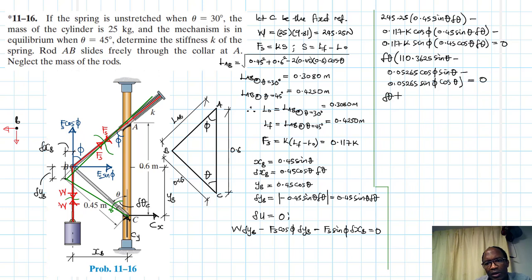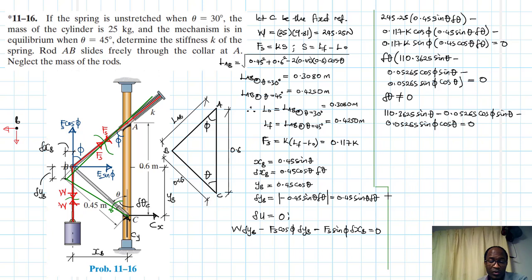So we know that del theta won't be equal to 0, and the only part that will be 0 is this part. So let's write that: 110.3625 sine theta minus 0.05265 cos phi sine theta minus 0.05265 sine phi cos theta equal to 0.